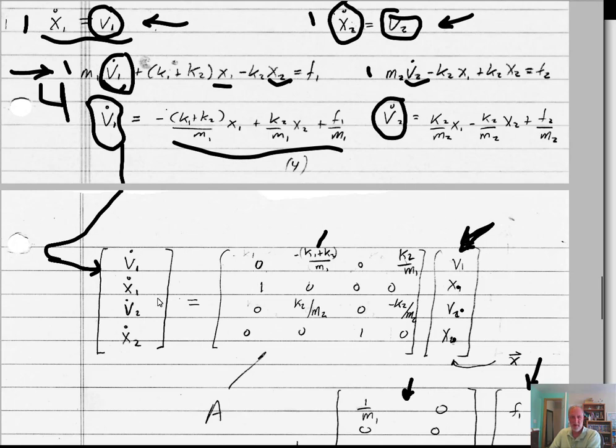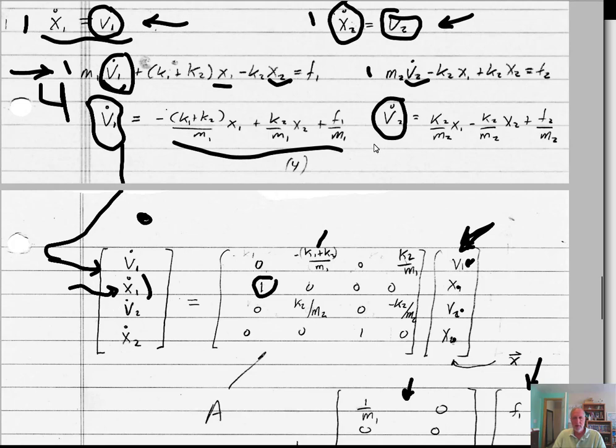So the next equation I put in here, and you can choose whatever order you want, but the next equation I put in here was just the definition of v1. Remember, we have derivatives, dots on this side, no dots on this side. So this equation says x1 dot is equal to 1 times v1. So that's the definition of x1 dot. Simple equation, but we have to include it because it tells us how x and v are related.